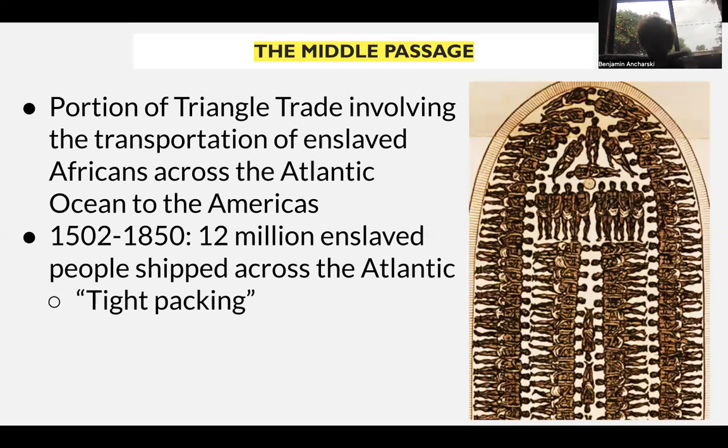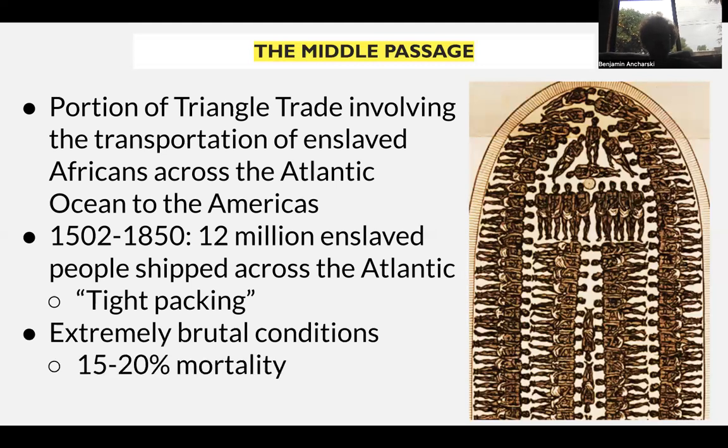Sexual mistreatment and abuse was common, especially for women. And it is an extremely brutal passage, and it is one of the greatest crimes, I think, of human history in many ways, because in this period from 1502 to the mid 1800s, 2 million people died across the Atlantic Ocean.